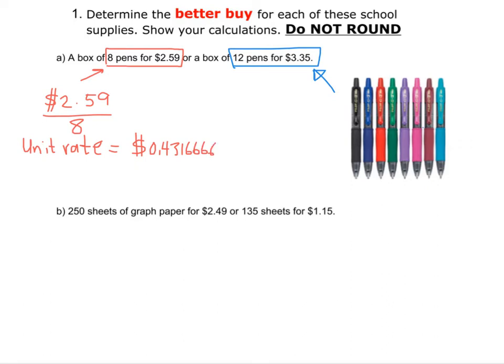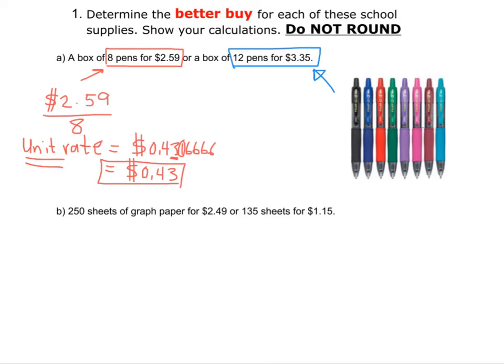We're obviously going to round this to the nearest penny, which is 2 decimal places, so it's 0.4. And now, should I round this 3 up to 4, or should I leave it as 3? Since the next number is just a 1, I will leave this as 3. So it's 43 cents per unit. That's why it's called unit rate. Per one pen, every pen in that box costs 43 cents.